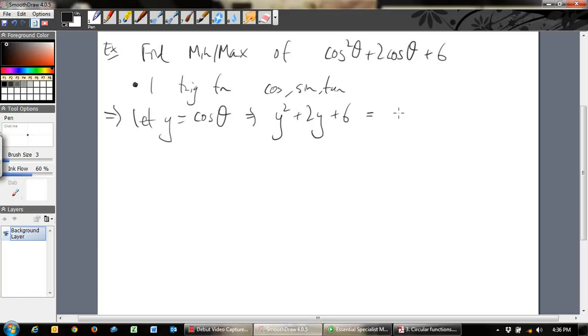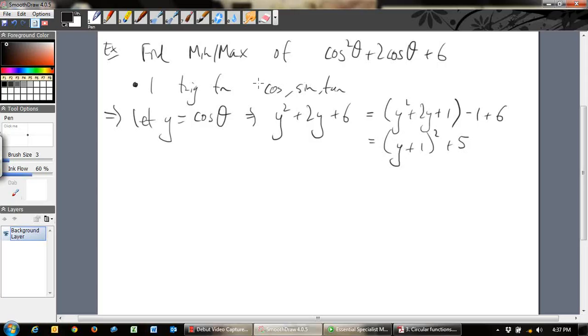So what does that equal? y squared plus 2y plus 1 would be the perfect square, and we added that positive 1, so we need to subtract 1, and we still have the plus 6. So that is y plus 1 all squared plus 5. This is looking good.